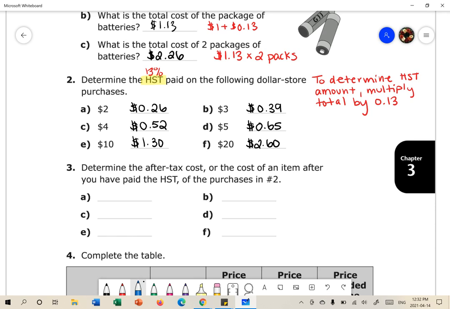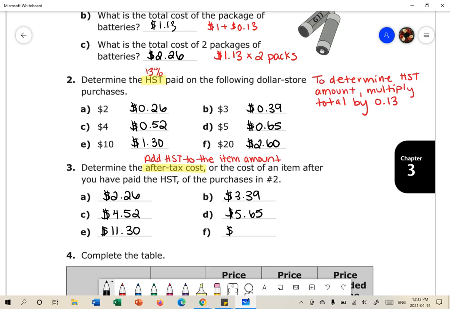So for example, in 2A, this is the before tax cost of an item, and this is the HST, or the tax price that we have to pay. So to determine the after-tax cost, we're going to just add these two together.